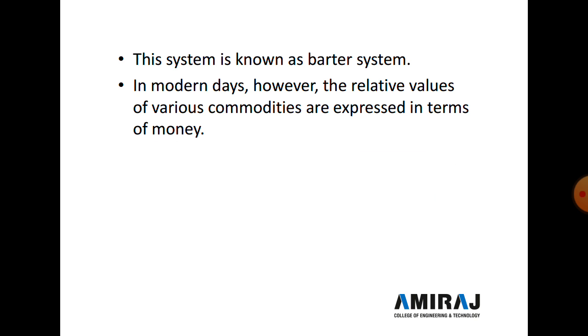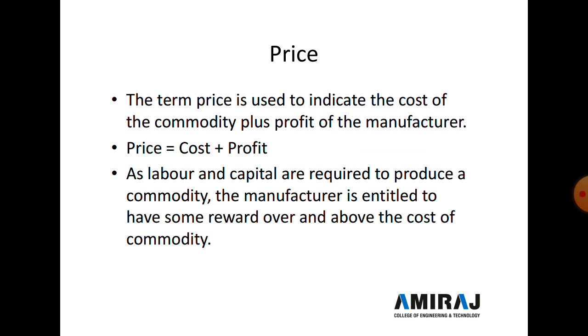Now the third one is price. The term price is used to indicate the cost of a commodity plus the profit of a manufacturer. So price is a summation of cost plus profit.